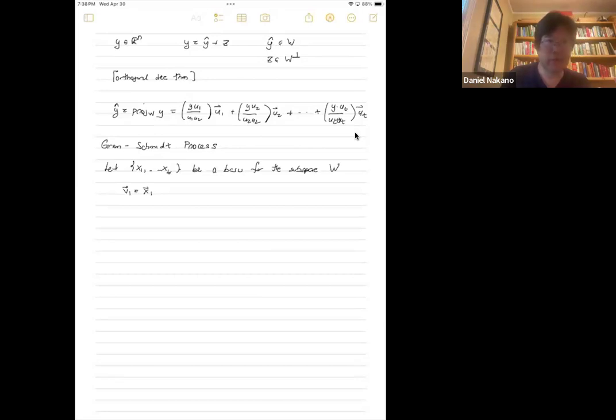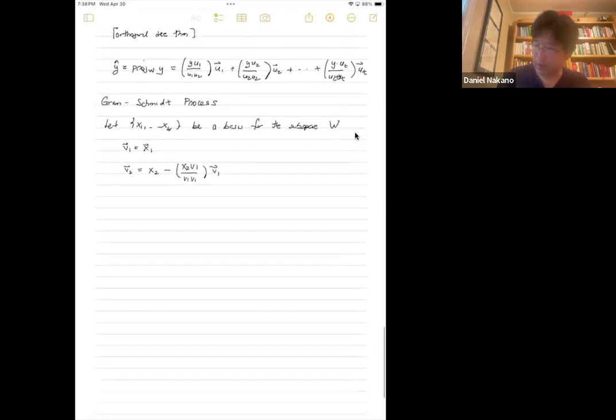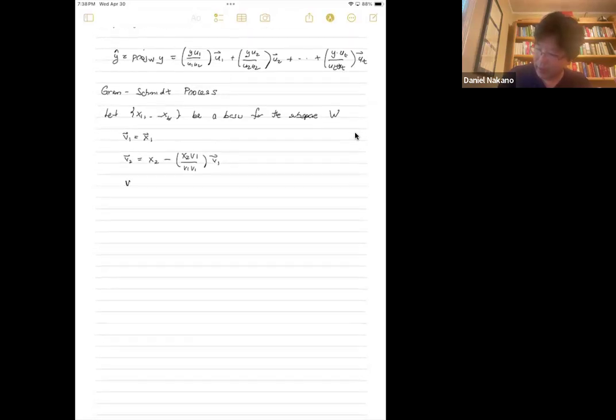And then for the second basis vector, I take x2 and subtract off the projection, so x2 dot v1 over v1 dot v1, the inner product, times v1.